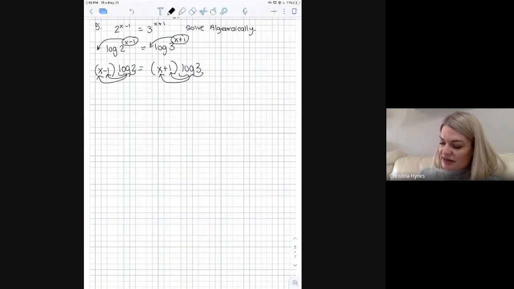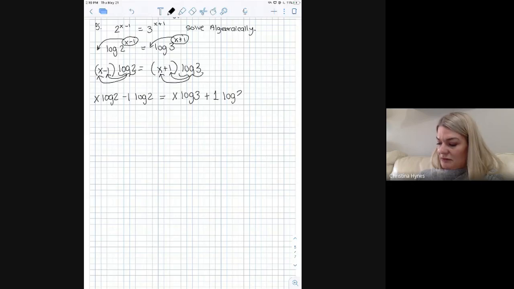So that's going to look like this: x multiplied by log 2, and then minus 1 multiplied by log 2. That's the left side of your equation. When you multiply x plus 1 with log 3, it becomes x multiplied by log 3, and then positive 1 multiplied by log 3. So I've just distributed the log into the brackets with what was going in front.